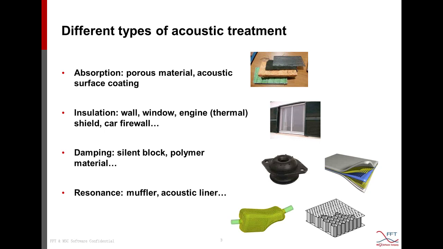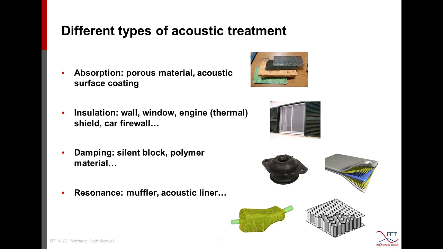All these previous three types of treatment are mainly used for the broadband treatment for acoustics as well as for dynamics. While the last type, resonance, through the resonance mechanism, is mainly for the specific treatment on specific frequencies.